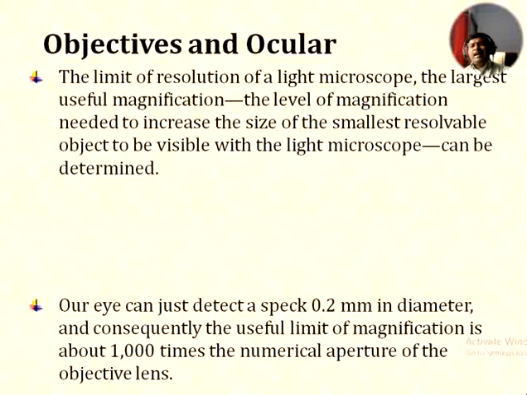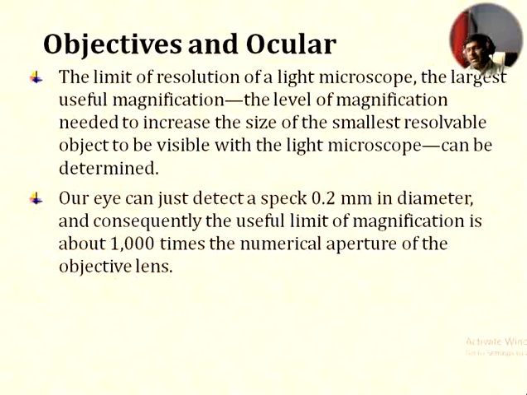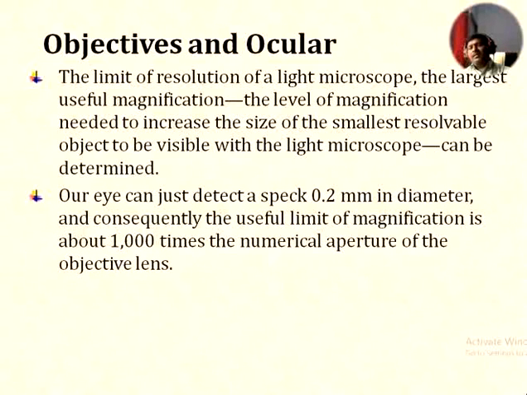Our eye can just detect a speck that is 0.2 millimeter, or about 200 micrometer, in diameter, and consequently the useful limit of magnification is about 1000 times the numerical aperture of the objective lens.